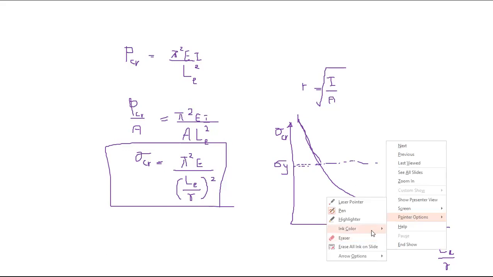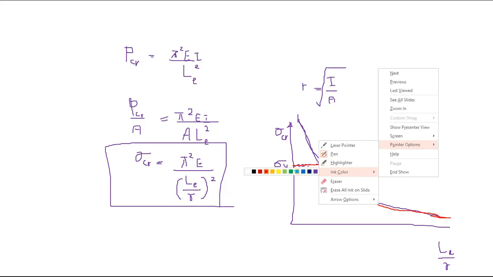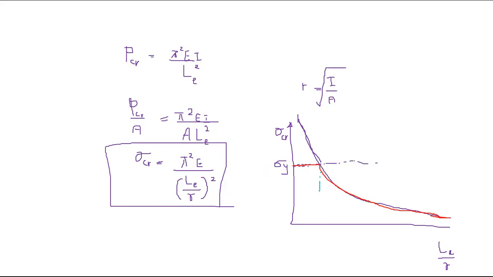So this is then the curve, right? There will be a critical value. This is the critical slenderness ratio, where your buckling stress and the critical yielding stress are equal, right?